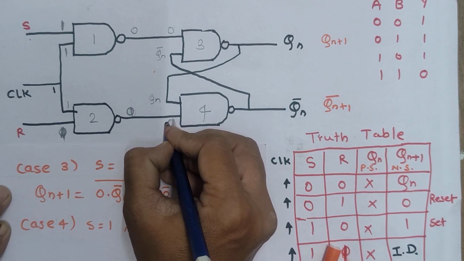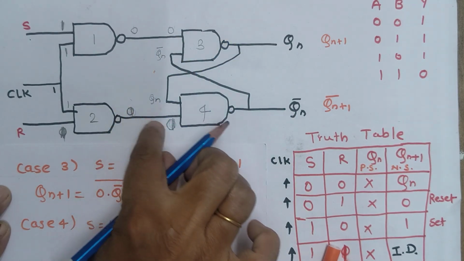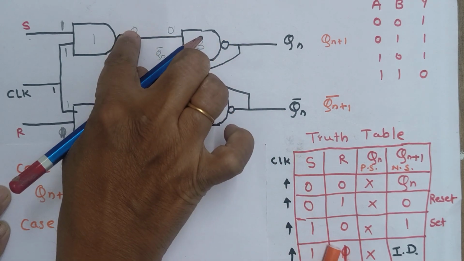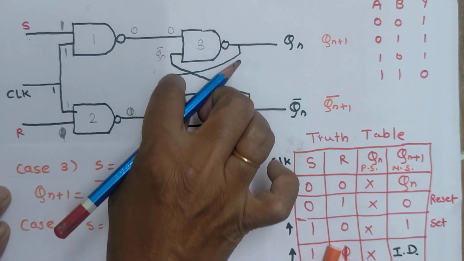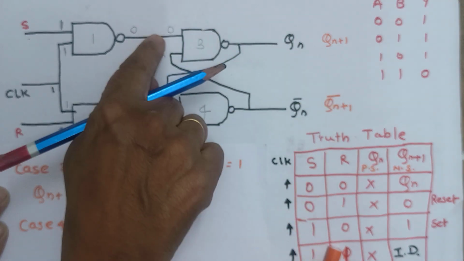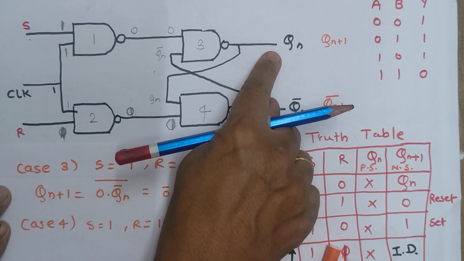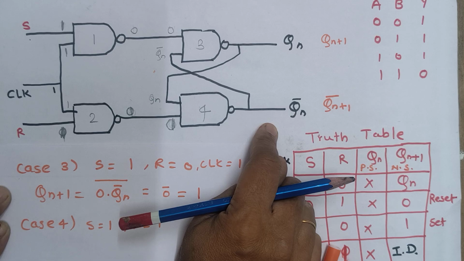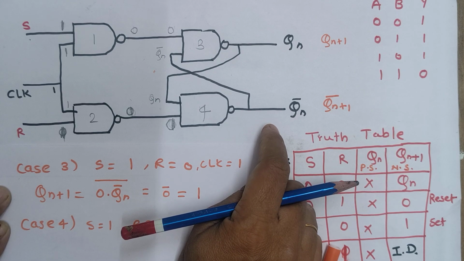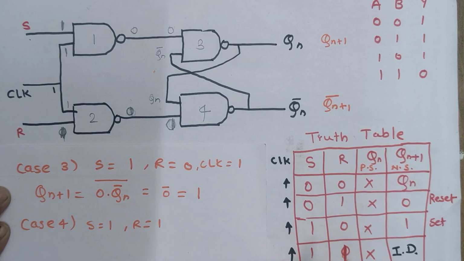So here again this 0 comes here as input to the fourth gate, and this 0 comes here as input for the third gate. So if you see, for the third and fourth gates one of the inputs is 0, so of course the output will become 1 for both. But this condition is not possible.